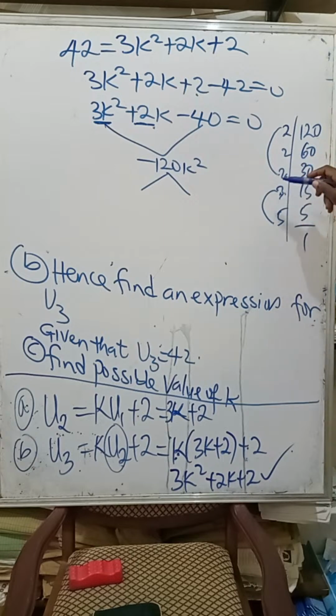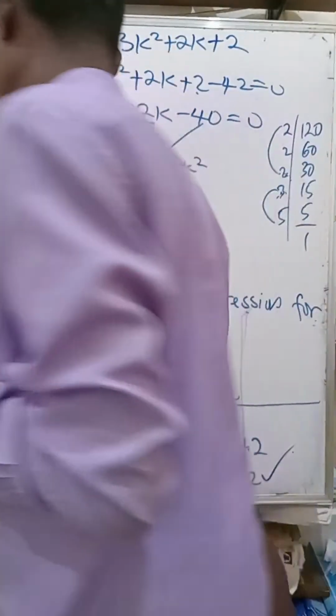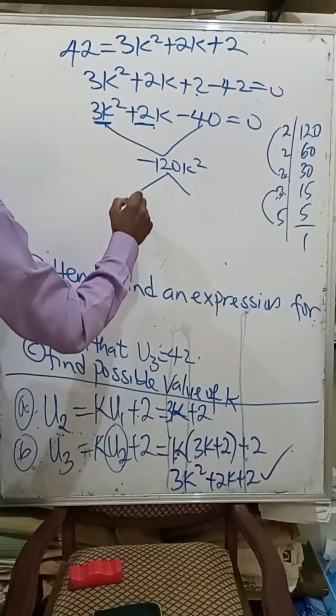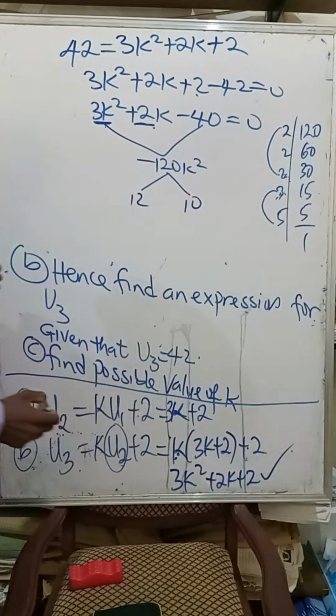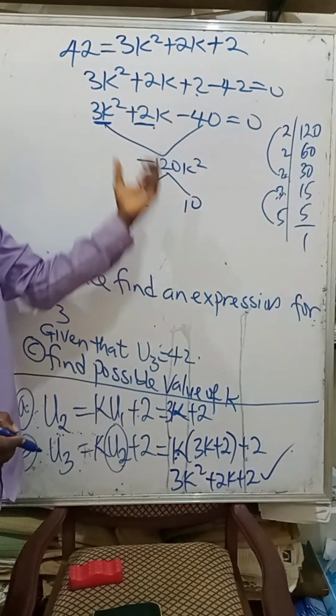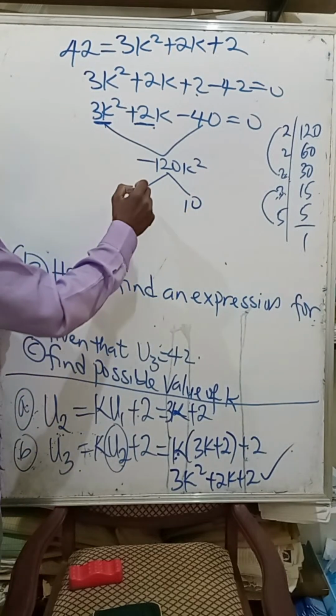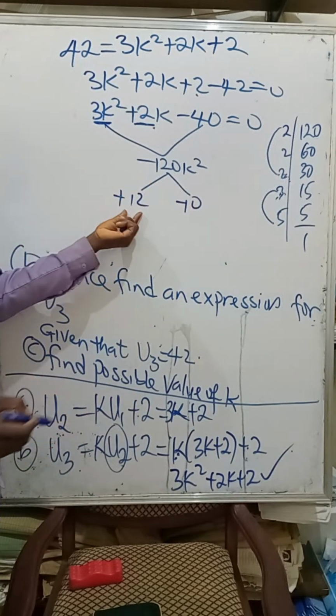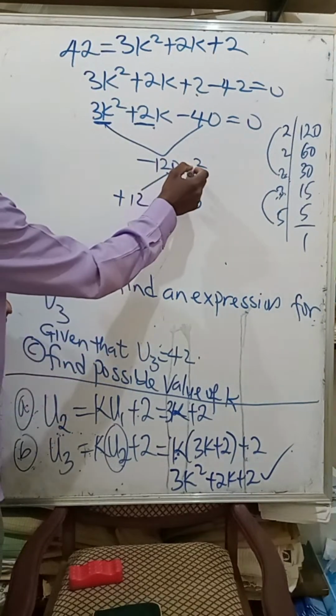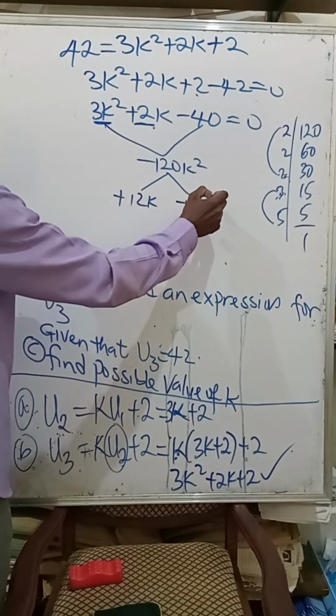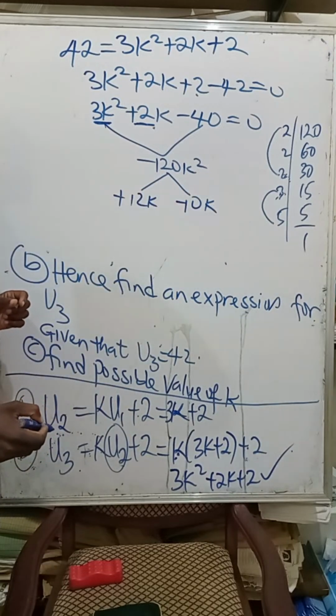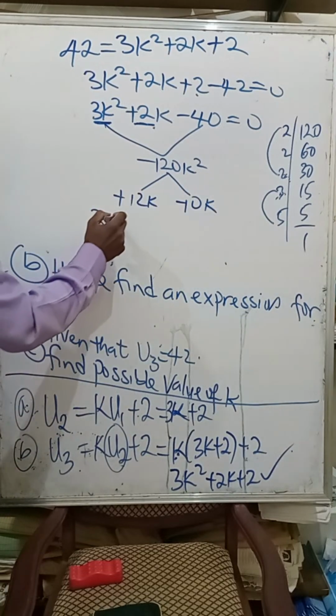So I can use 6 times 2, that's 12, and 10. So just group these prime factors into 2 parts. That will be 12 and 10. So how do you use 12 and 10 to get plus 2? It will be plus 12 minus 10. This k squared, 1 here, 1 here. Then you now go back to the question.